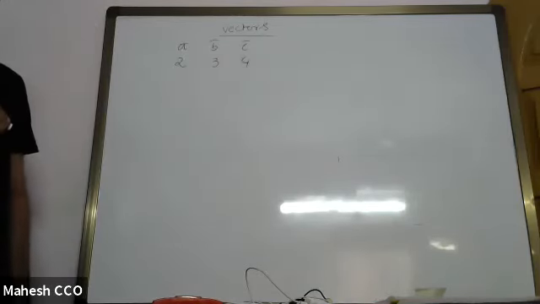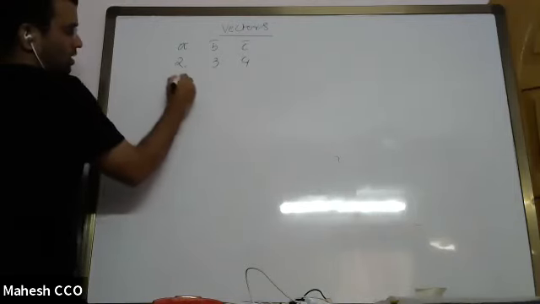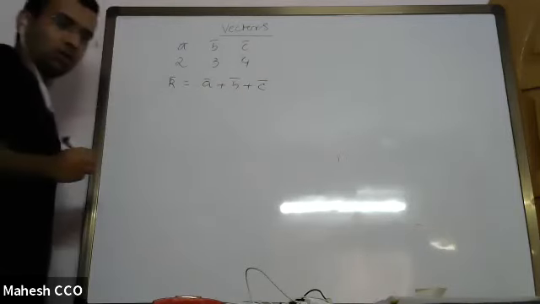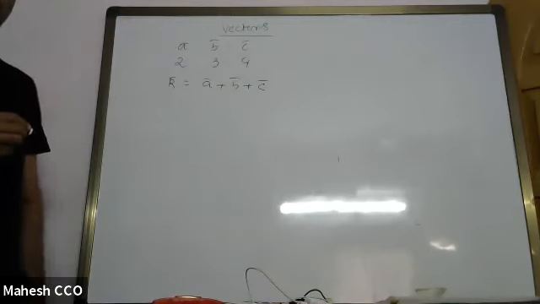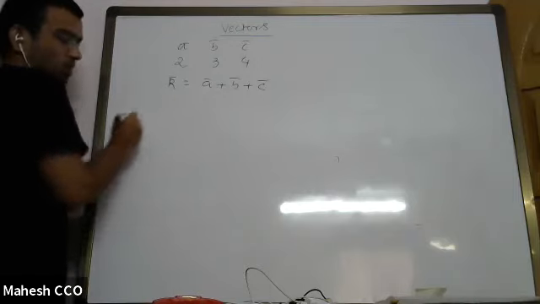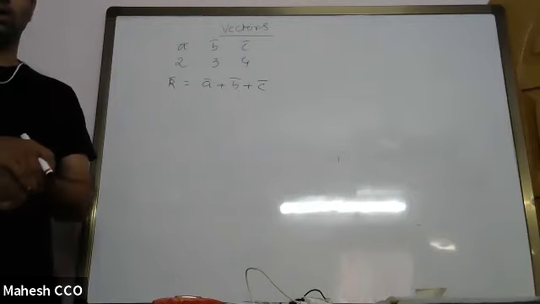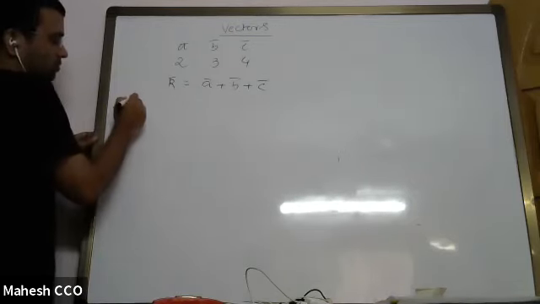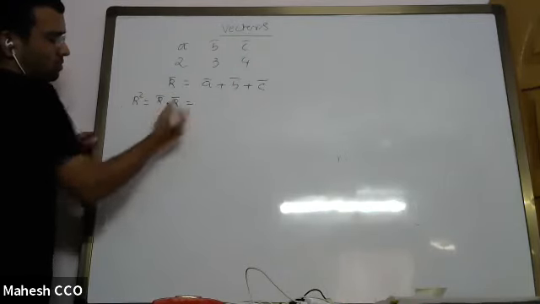The resultant of A bar, B bar, and C bar is nothing but R bar equal to A bar plus B bar plus C bar. Now we have to find the magnitude of this R bar. So always remember, whenever we take the dot product of a vector with itself, we get the square of the magnitude. So R square is nothing but R bar dot R bar.